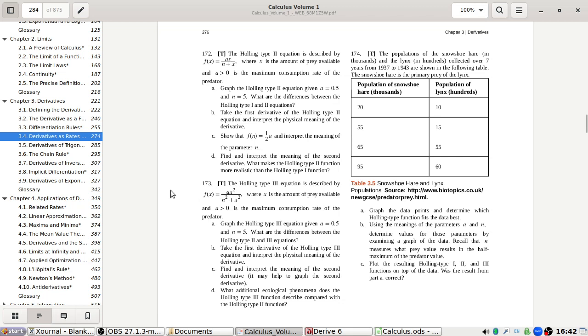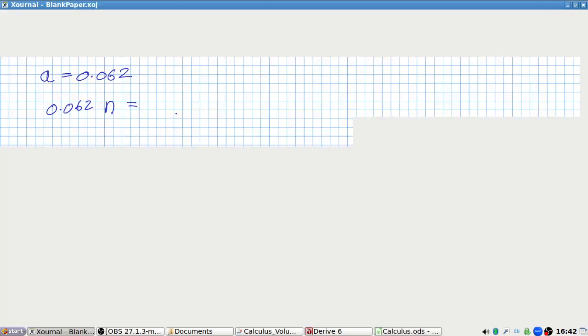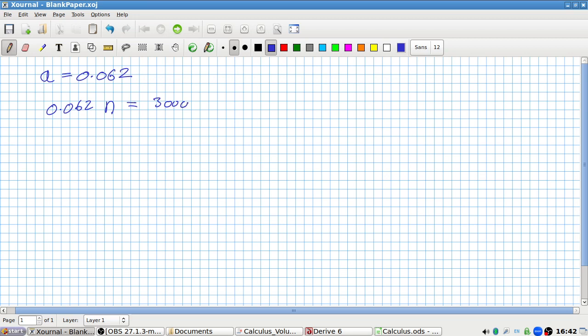When will N be a half of A? No, that's not great. We'll call that N measures what prey value results in the half maximum. So is that when you get, I'm not really sure to be honest, is that when you get 3,000?